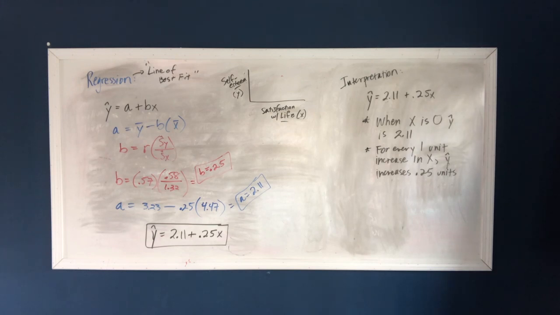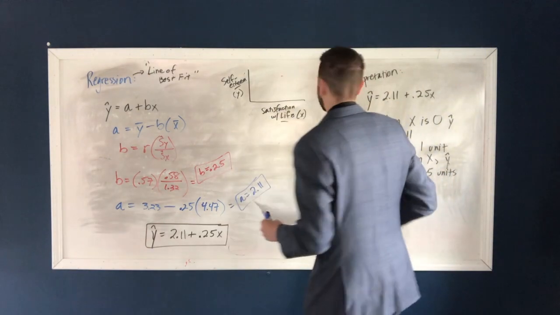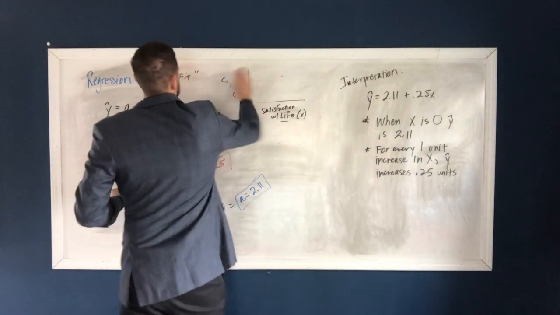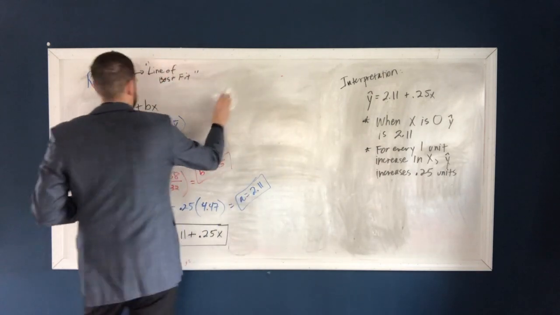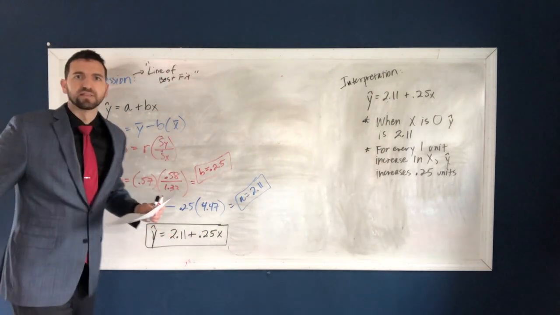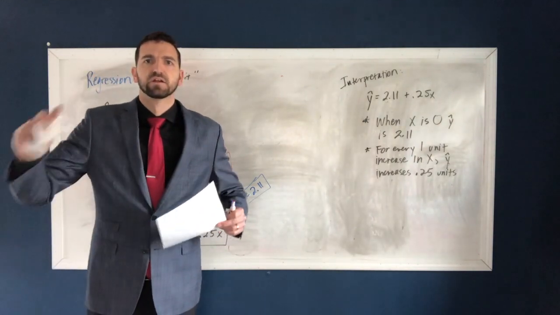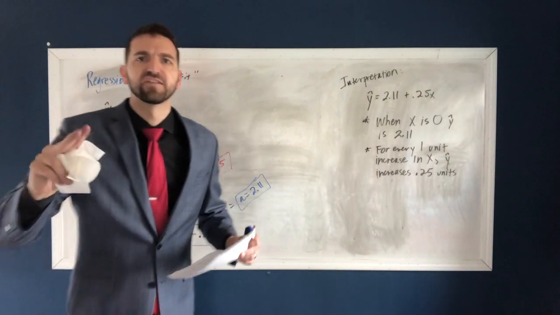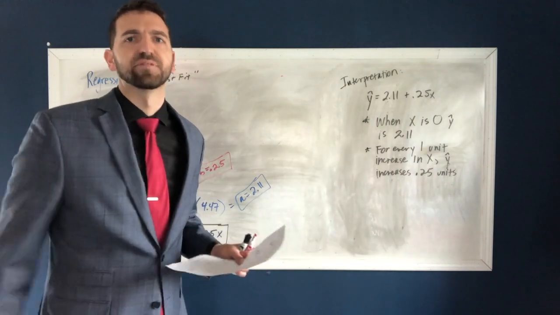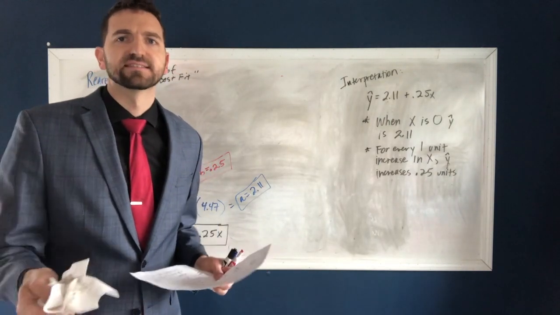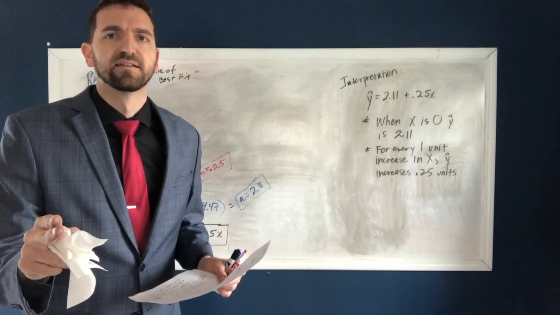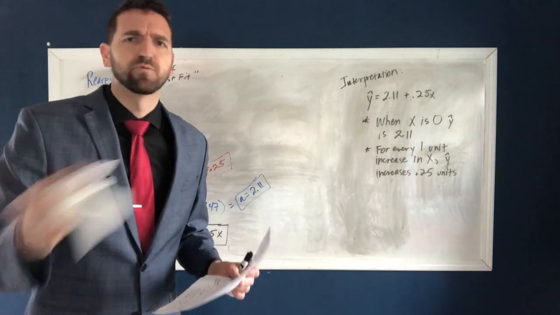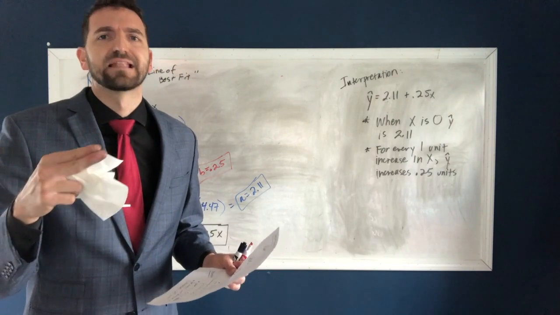Okay, there's one last thing that we need to do. The last thing we need to do is add our line of best fit back to our scatter plot. Obviously, I had to erase the scatter plot a long time ago, but you still have your scatter plot. Okay, so I'm going to estimate what we did, and then I'm going to add the line.